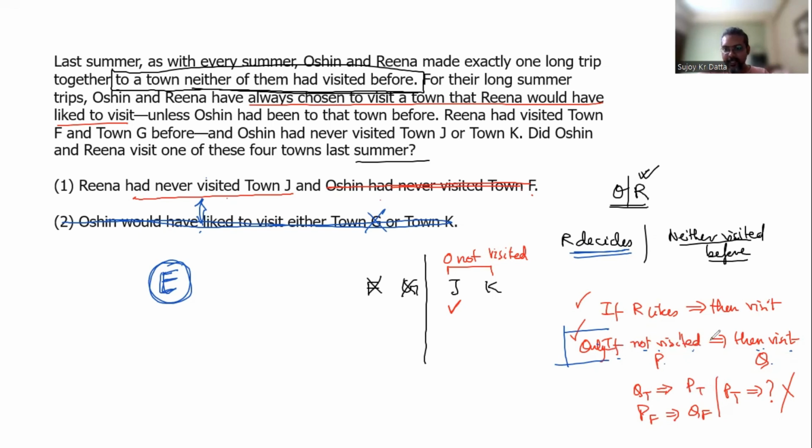That means if they had visited before, it would imply that "last year they visited" is false. That means they will not visit. But if P is true, that means "they had not visited before" is true, it does not lead to any conclusion whether they are going to visit last year or not. So that was the catch in this question. It stands as option E. Let's go to the next one.